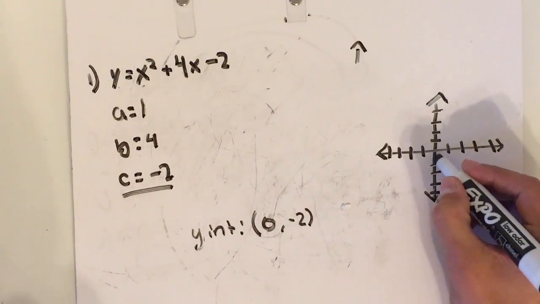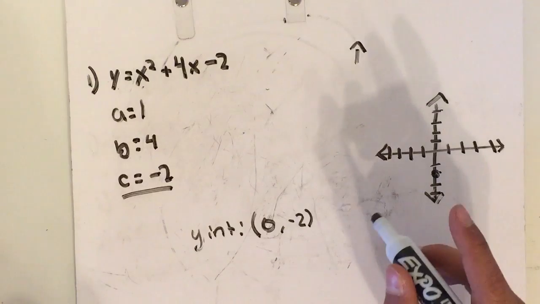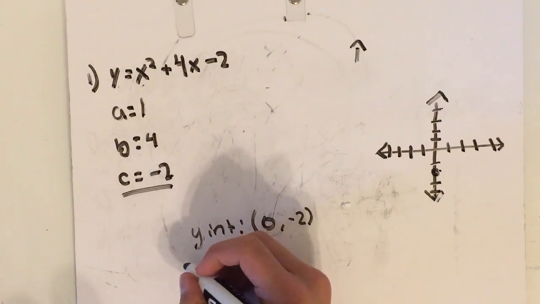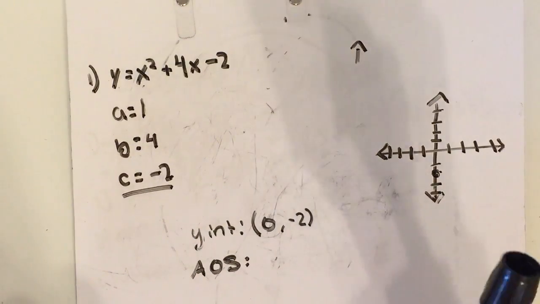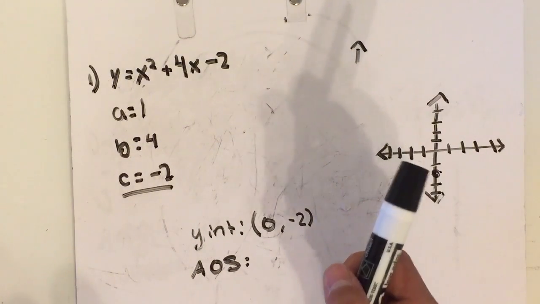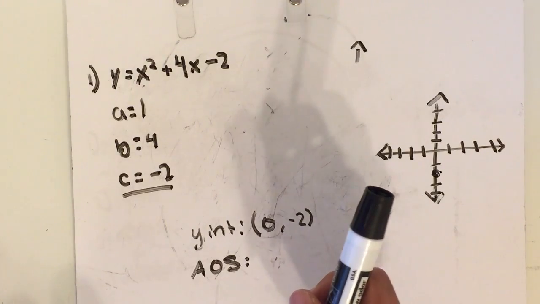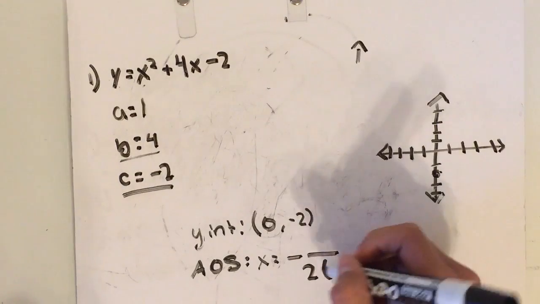Now on our graph over here, after we found the y-intercept, we're going to go ahead and find the AOS. So we're going to write it down here. The AOS, remember, that was x equals negative b over 2a. So up here, we're going to have our b. We identified it up here. Our b is a positive 4.